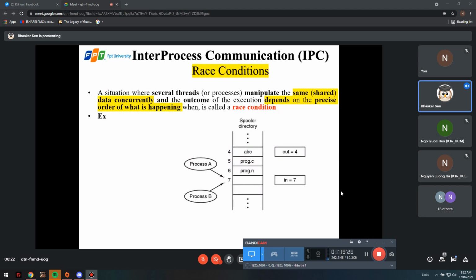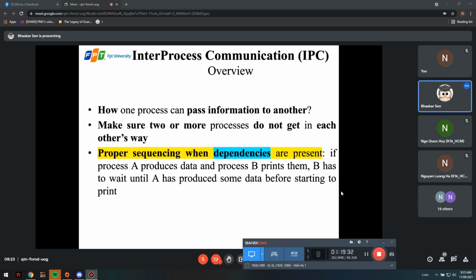Whenever there's a dependency, you need proper sequencing when dependencies are present. Think about the example that we explained, and also try to read the examples that they have given. There are two processes, process A and process B. Process A does some computational activity and generates an output, say it calculates the value of y.